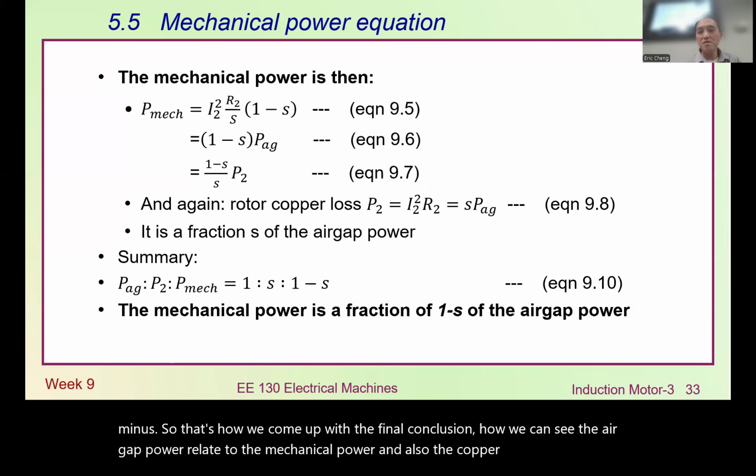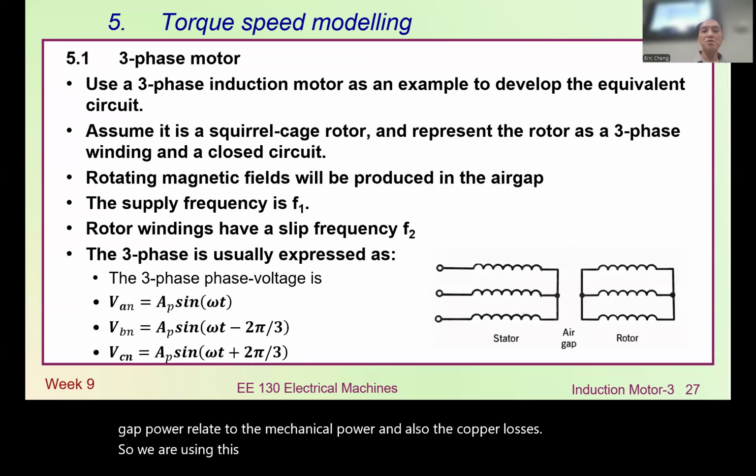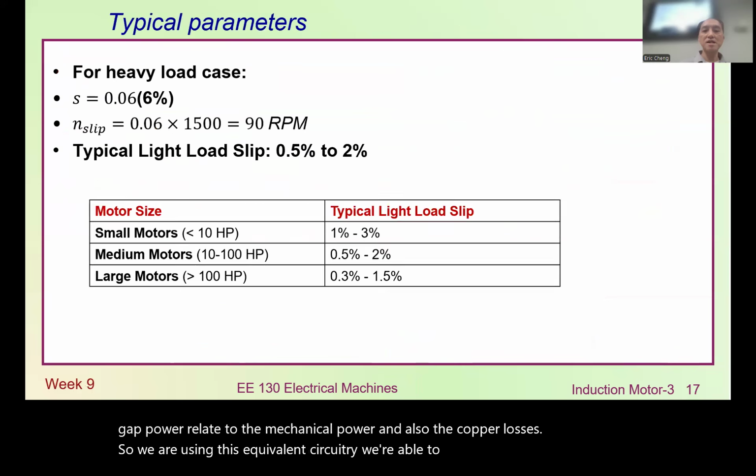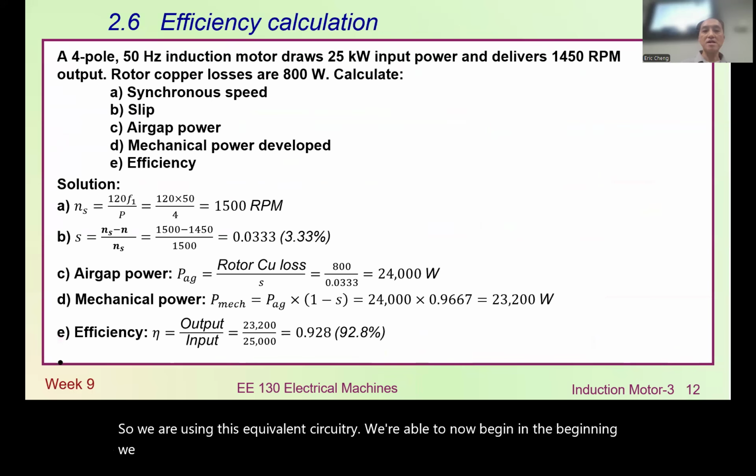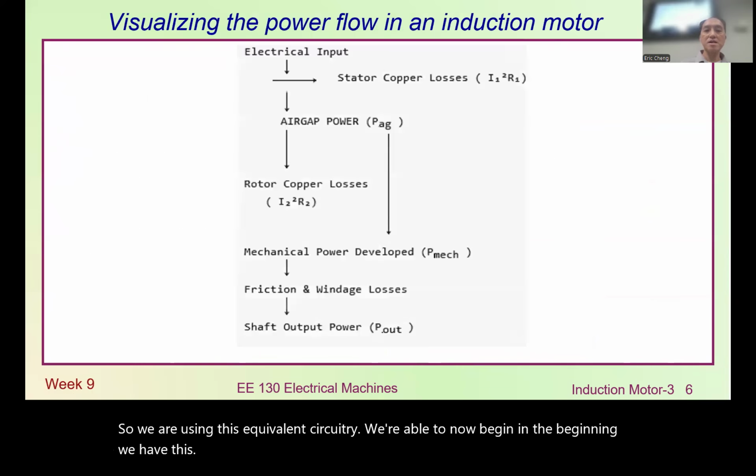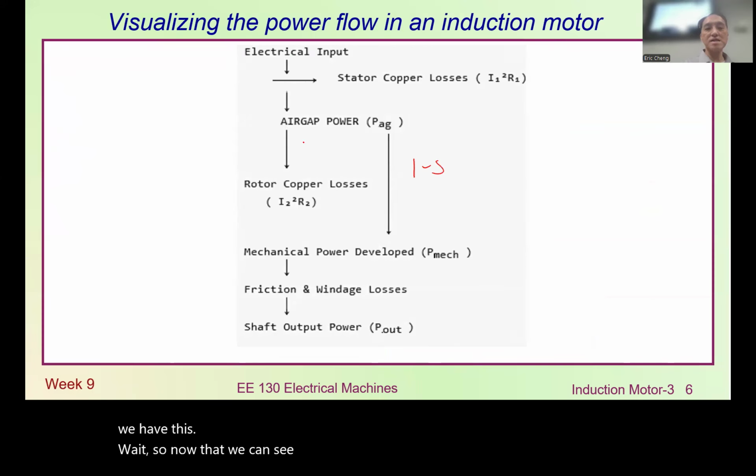Using this equivalent circuitry, we can see 1 minus S in here and S in here. That's how we get the air gap power.